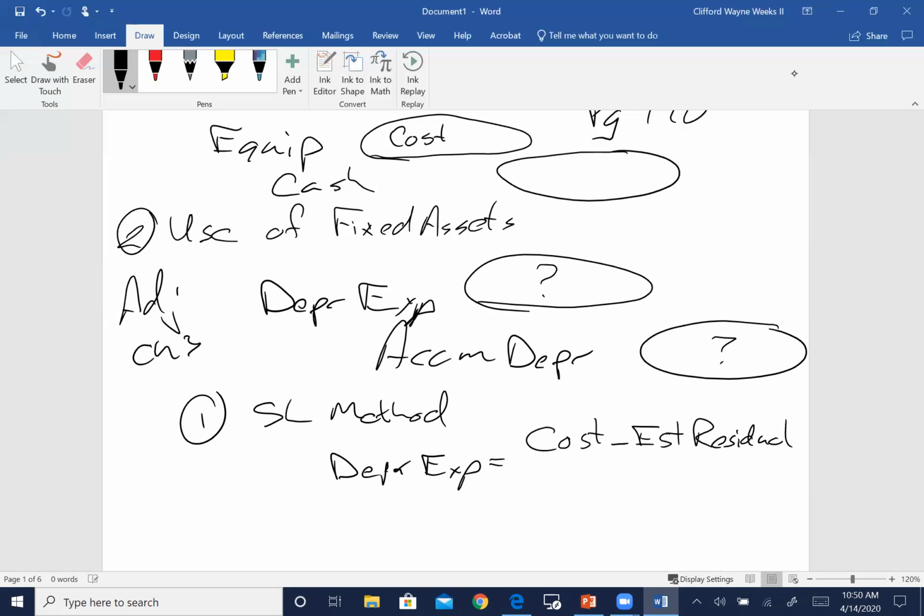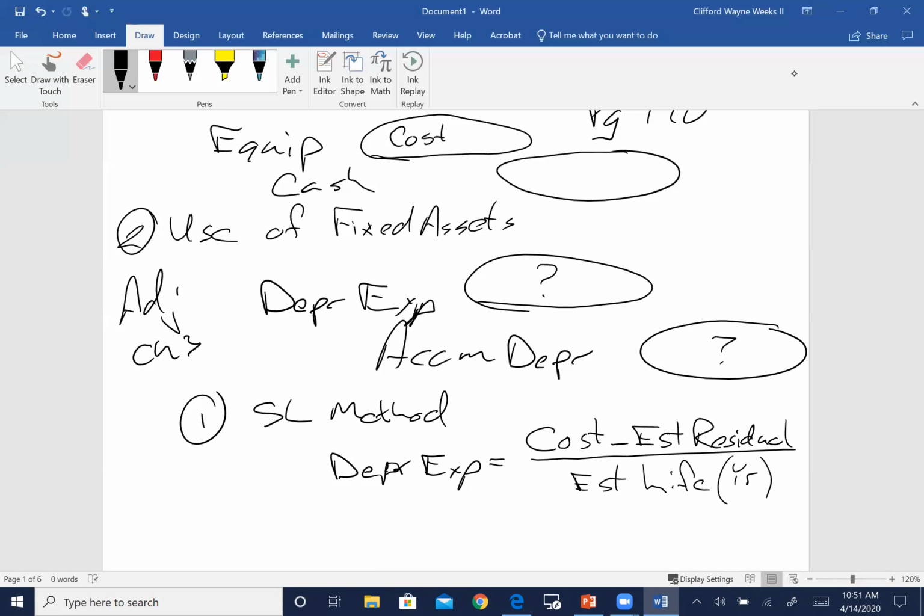Estimated residual value is what we think we can get for that piece of equipment or that building when we are done with it. And we're going to divide that by its estimated useful life, usually referred to in years. That's going to give us our depreciation expense.